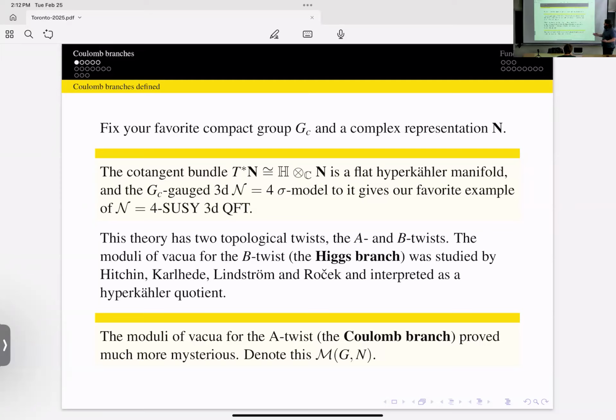The reason it's going to be a quaternionic vector space is I want a hyperkähler structure. And the only hyperkähler metric that anyone actually knows how to write down is the flat one on a quaternionic vector space, which I can also think of as T star of n. Then there's another operation you can do to quantum field theories, which is gauging by a symmetry.